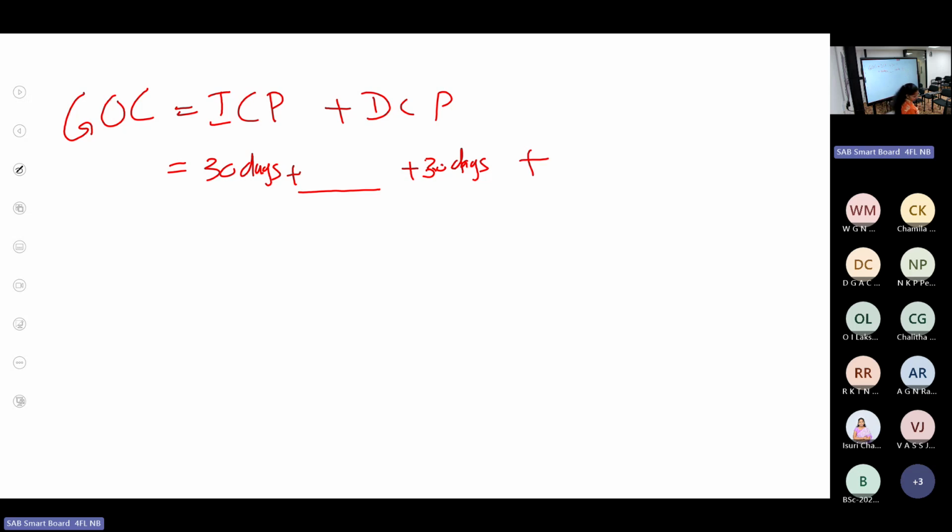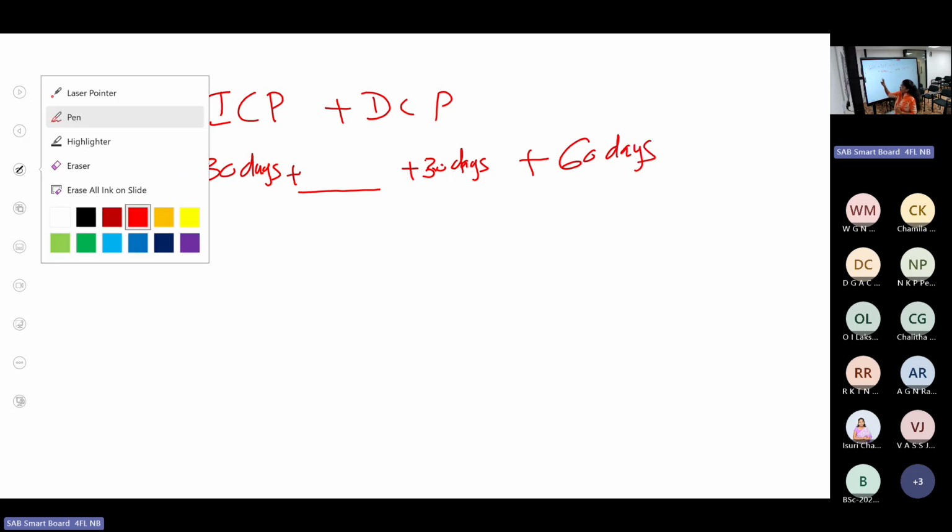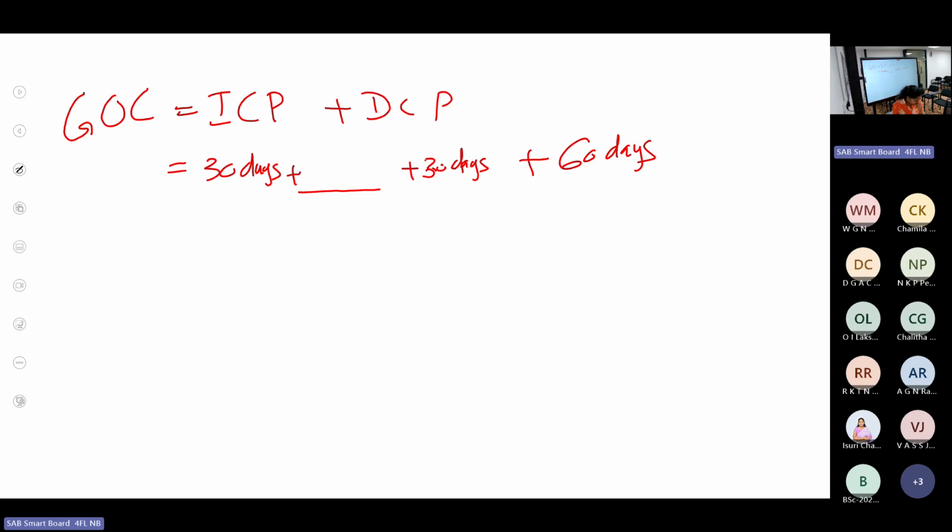DCP, how much is it? Debtor conversion period is 60 days or 2 months. WIP inventory: average raw material in progress is half a month, that means 15 days. Very easy: 30, 30, 60, 15.